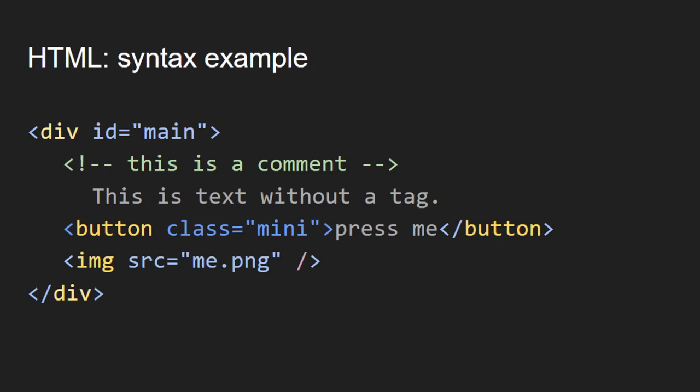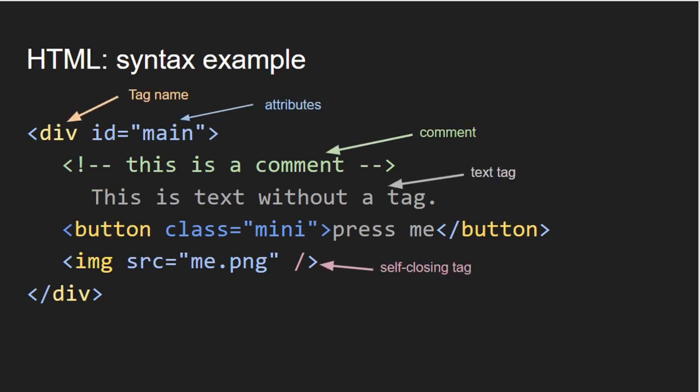So this is the syntax example. I'm not going to go into detail of this example because this might confuse you at this point of time, but here are some important things to know. Here, div is a tag name, whereas id equals main is an attribute of the div. An attribute is kind of a property of this element. Next, we have a simple text statement. Another thing is a comment.